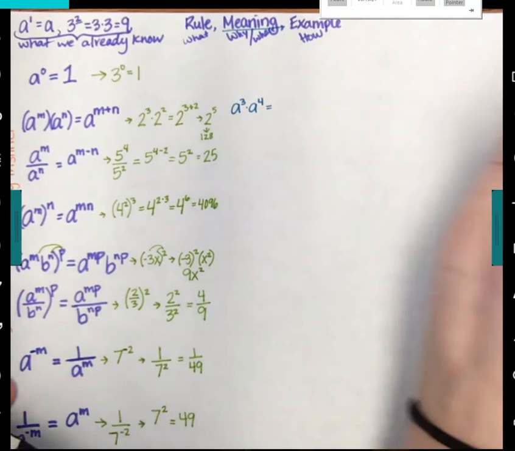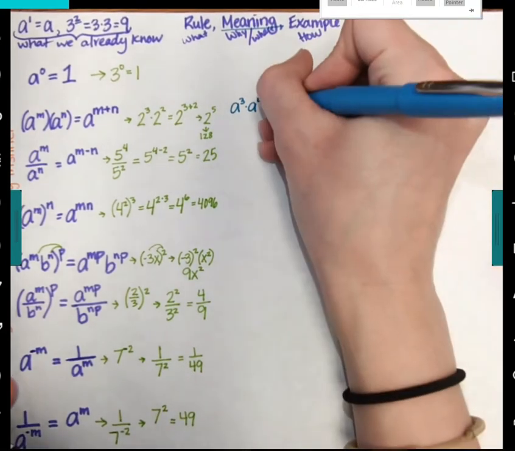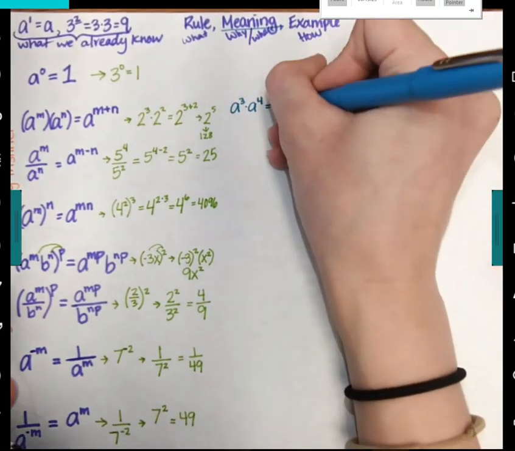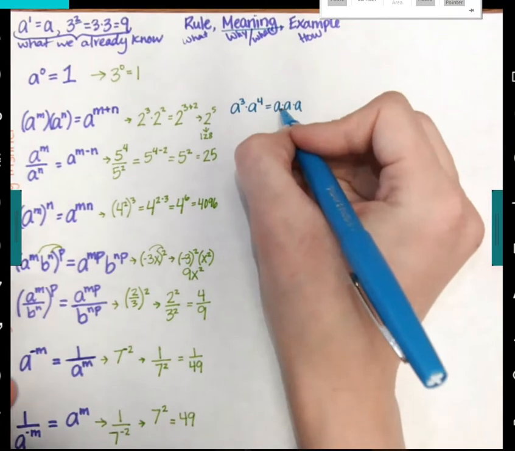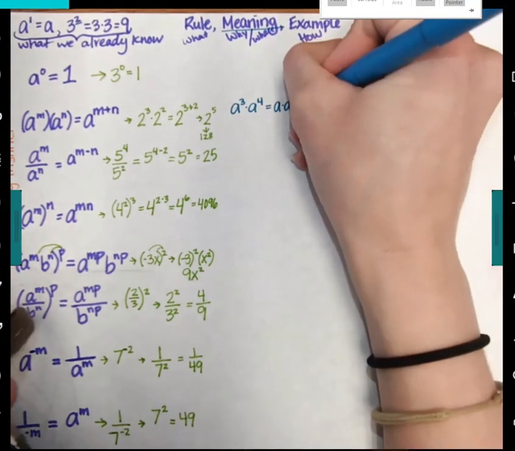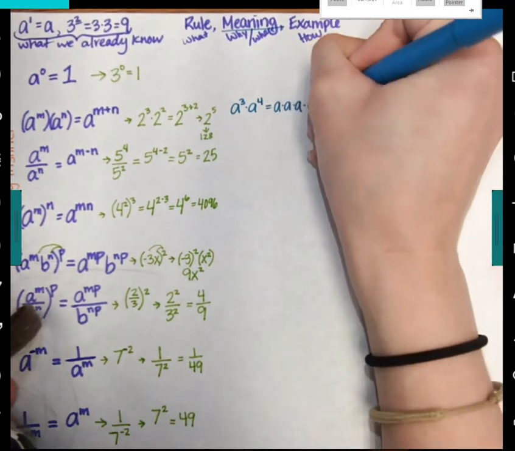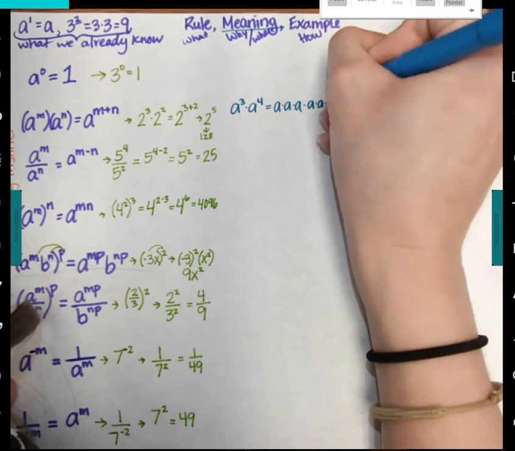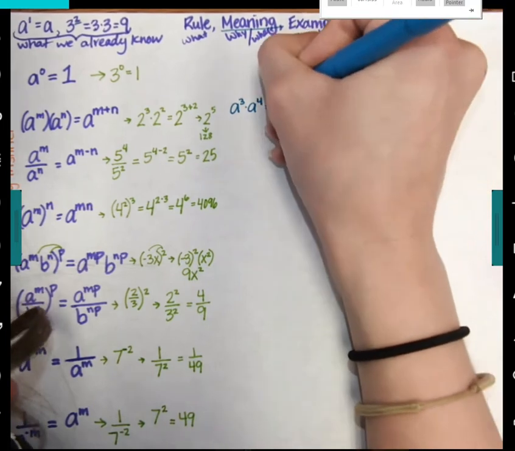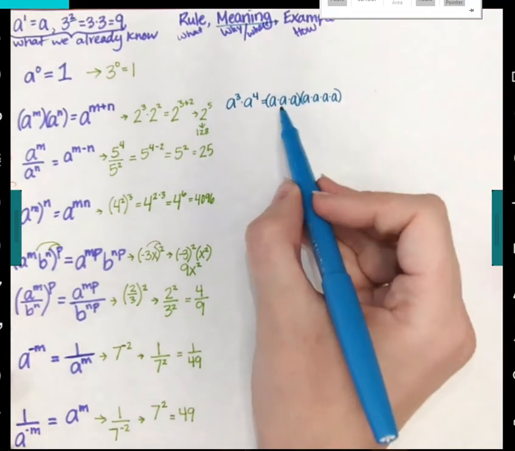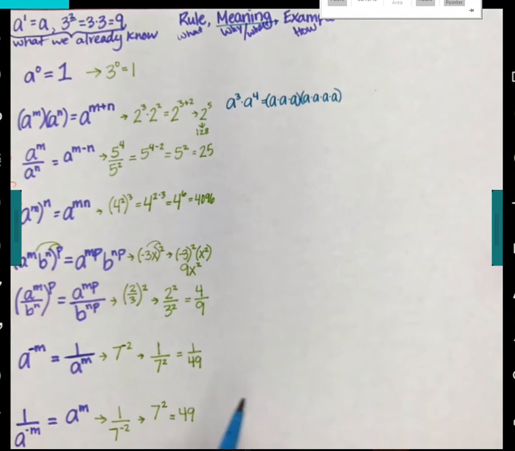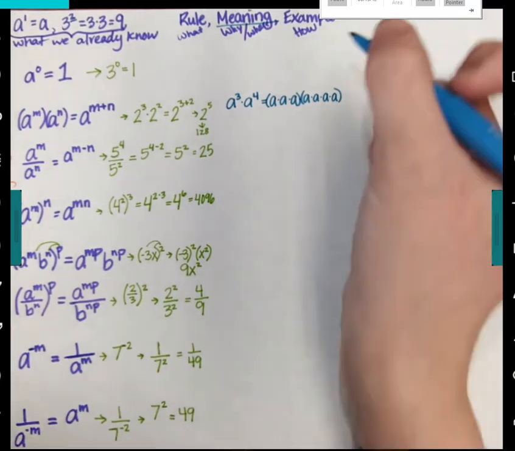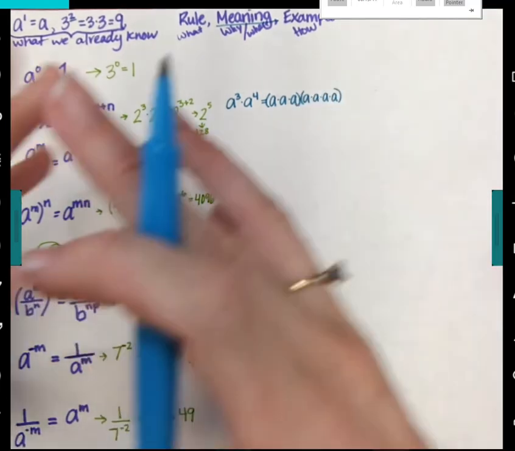So a cubed is a multiplied 3 times, and then 2, 3, 4. So we've got a cubed times a to the 4th. We accordioned it out.